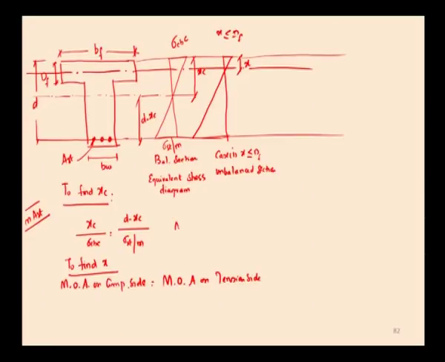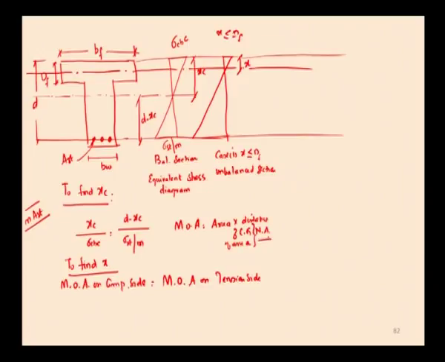Moment of area, we all know, is area into the distance of the CG of the area from the neutral axis.